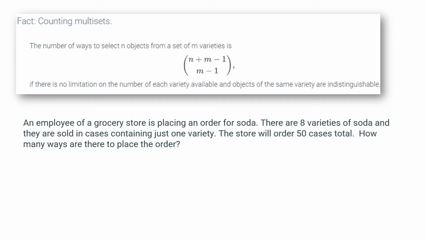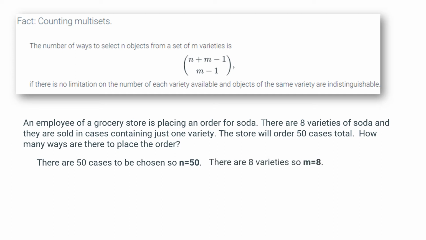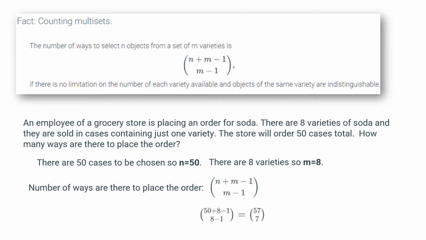So it would be 57 choose 7. Again, 50 cases to be chosen, so n equals 50, and 8 varieties, m equals 8. What we just said turns out to be this formula here. n plus m minus 1 would be 57, and m minus 1 is 7. So it's 57 choose 7. And that would give us the answer, because we know that we can make this bijection between this soda situation and the code words.